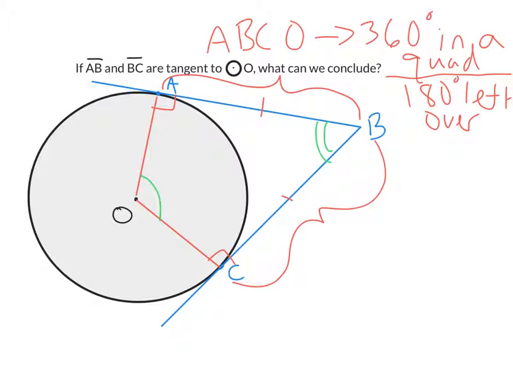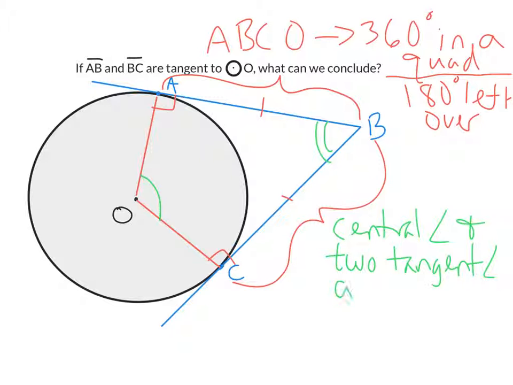Angle O, the central angle, and the exterior angle, referred to as the angle to the tangent, are supplementary. And to go even further, say if I knew that this was 120, then I know that this guy is 60, because they add up to 180, right?